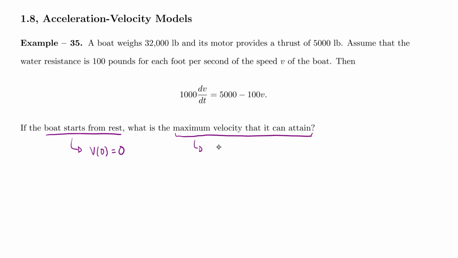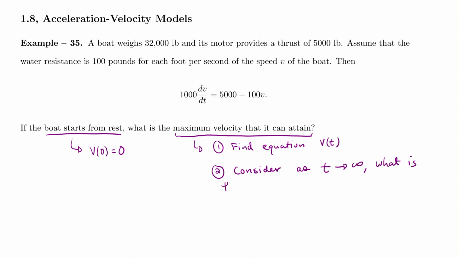So here we know we need to, one, find the equation that represents velocity as a function of time, and then two, consider as t goes to infinity, what is the behavior of v? And once we've been able to do those two things, we'll have answered our question.